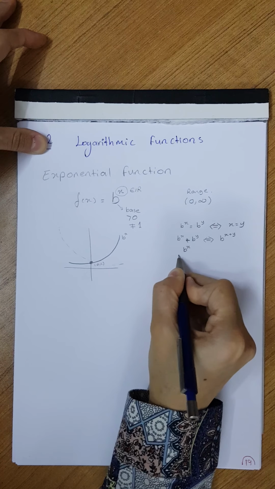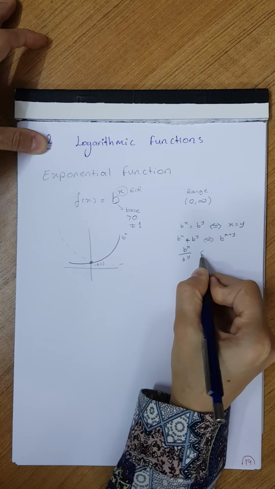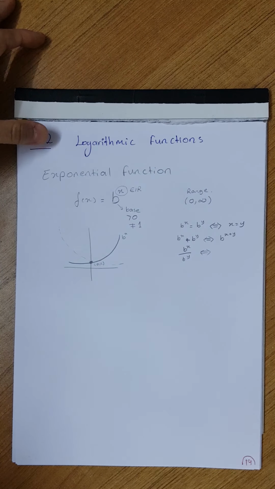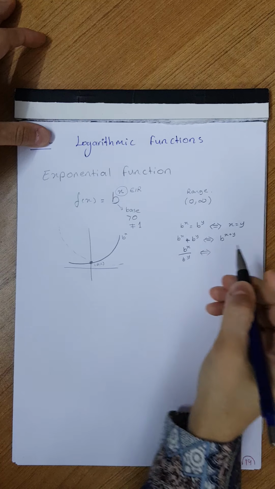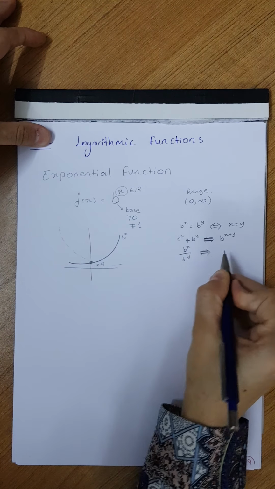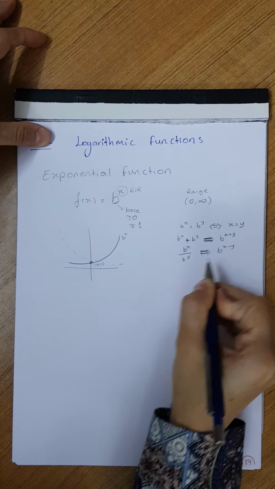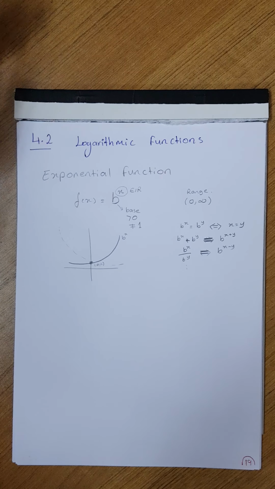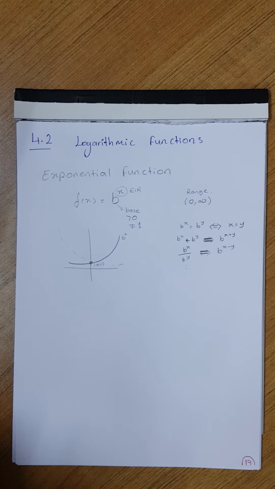We had b to the power of x divided by b to the power of y. That equals b to the power of x minus y, and so on, okay? We had some other rules. For example, if you have got b to the power of 0, b to the power of negatives, how do we deal with them? We had some properties for exponential functions.